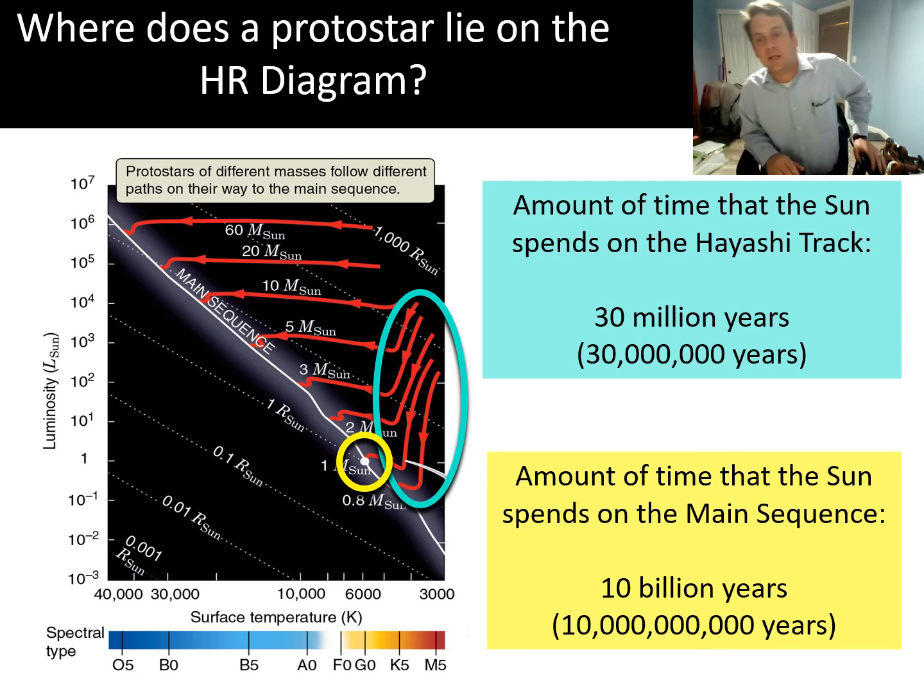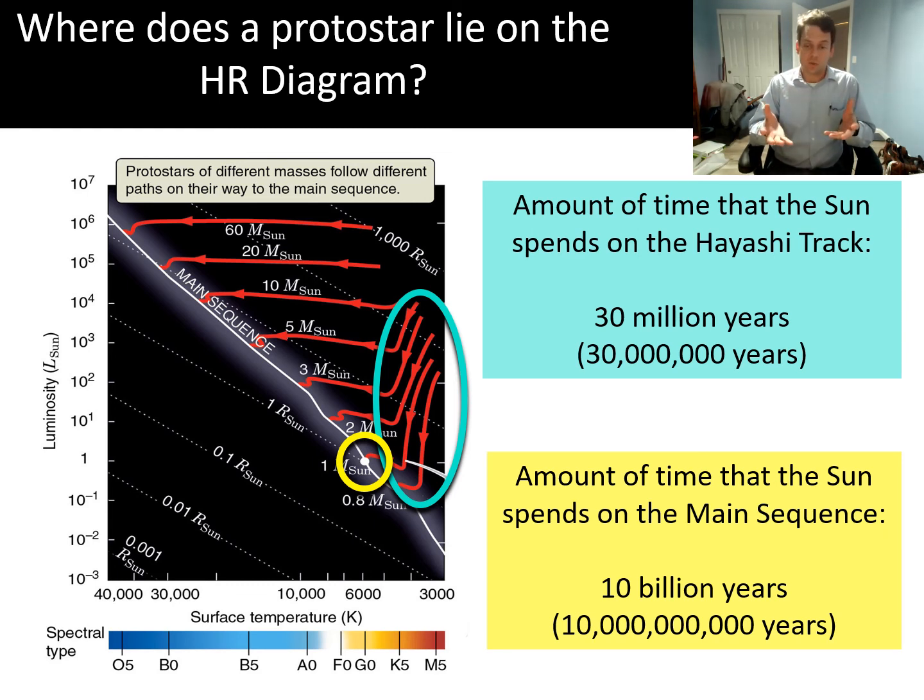It's also worth noting that the sun, for example, we like to start with the sun because it's our favorite star. It's the one we know the best. It spent about 30 million years on the Hayashi Track, and we know that from simulations. So it takes 30 million years to move from the beginnings of gravitational collapse of that star to actually joining the main sequence.